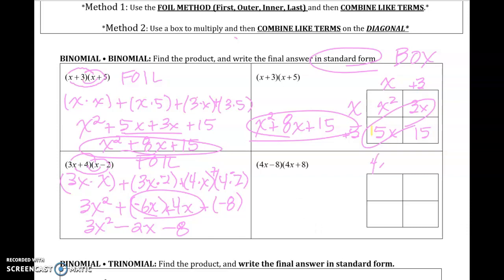So again, write your first binomial across the top. Notice I'm going to keep that subtraction sign with the 8, and then the 4x plus 8 goes down the side, okay? When you multiply these two factors here, remember you multiply the coefficients and you multiply the variables.